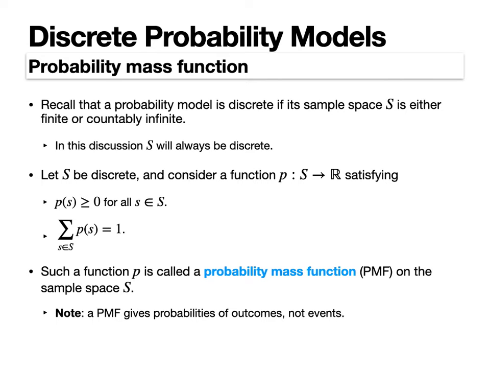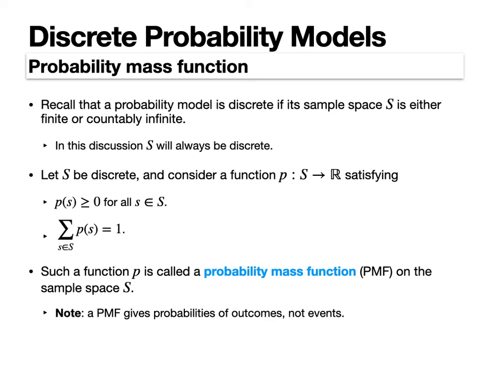So the main thing about a discrete probability model is that the sample space is either finite or countably infinite. And it turns out that you can describe these models completely with what's known as a probability mass function. So suppose you've got a discrete space, S, and a function, little p, mapping S into the reals that satisfies these two properties.